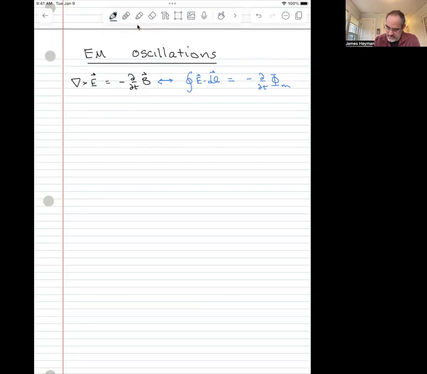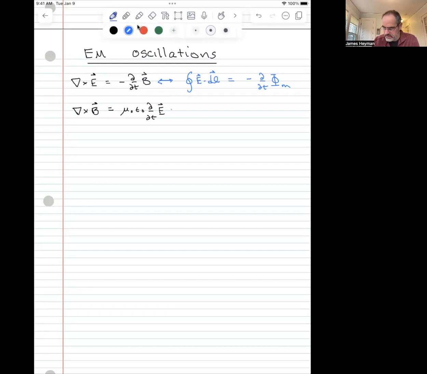Likewise, we have our modified Ampere's law. In a current-free region, this says that the curl of the magnetic field is given by mu naught epsilon naught times the rate of change of the electric field.